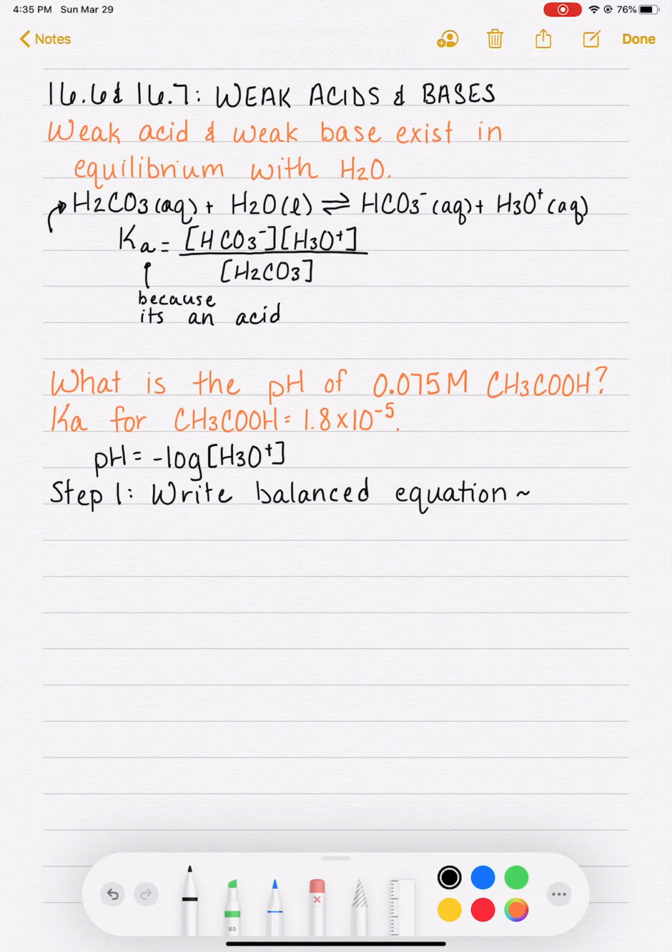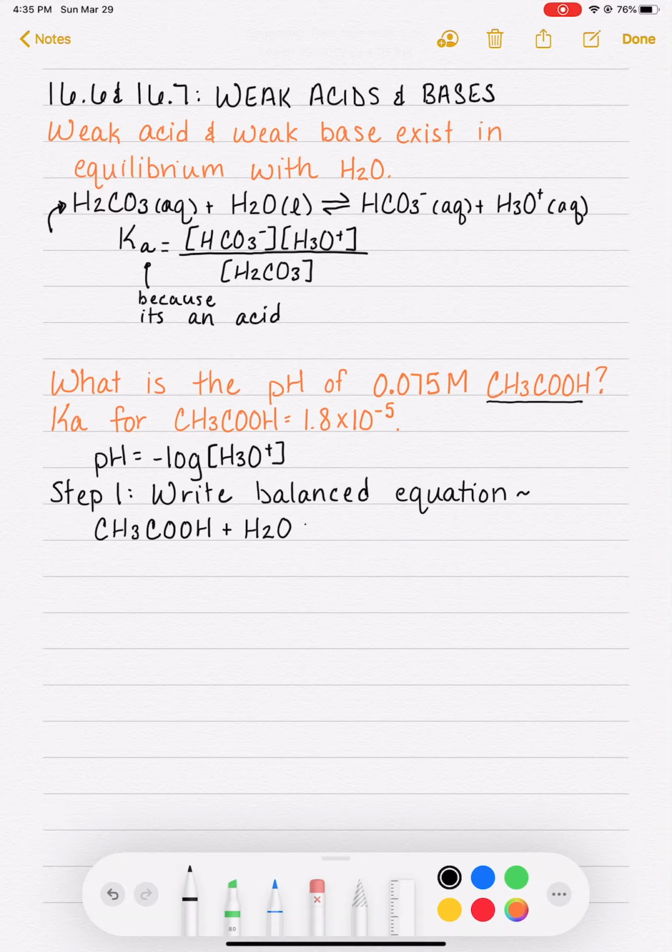One of the reactants in this balanced equation is always going to be the acid that's given to us in the problem. So the CH3COOH is just coming from the problem. The other reactant is always water, every single time. Whether we're talking about an acid or a base, the second reactant is always water.